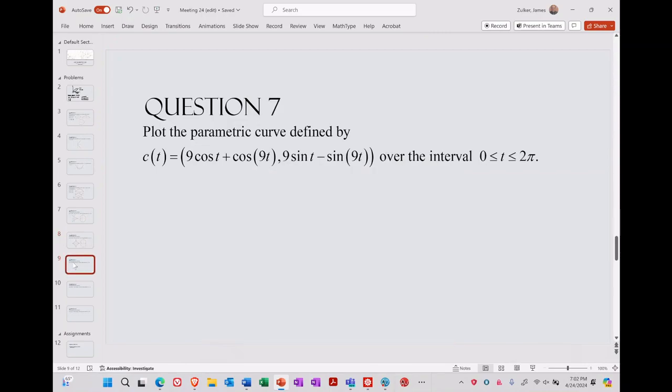Which means you should be able to kind of visualize what this curve will look like.